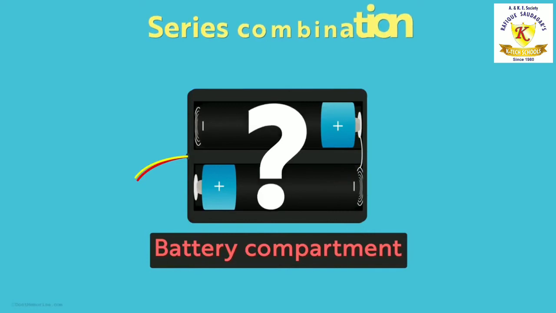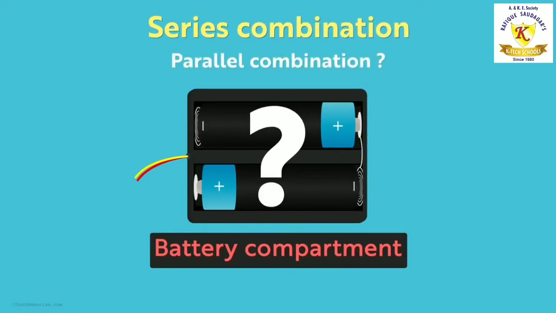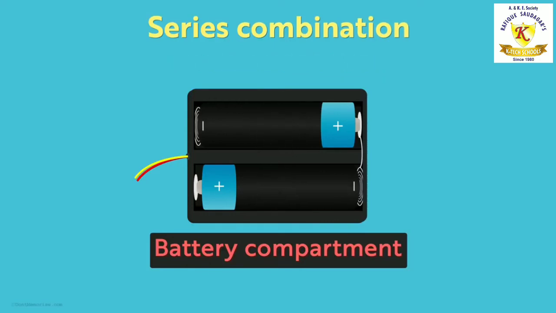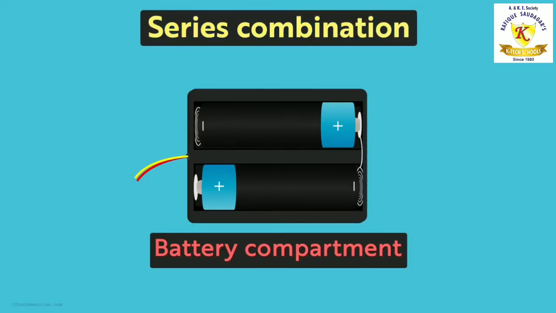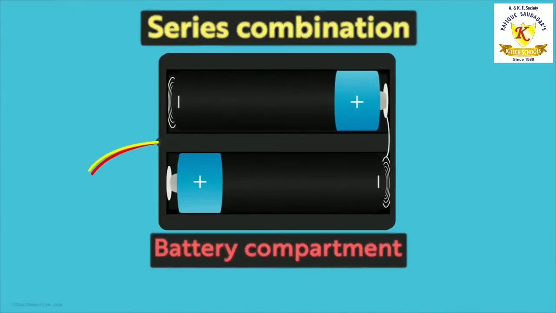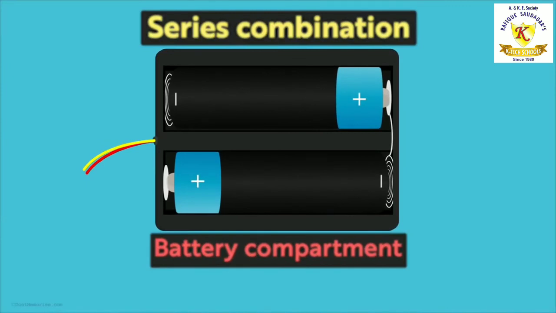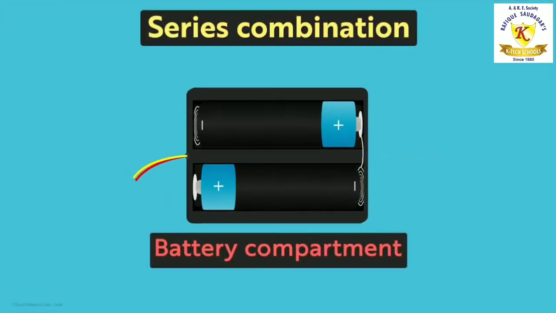But are the cells connected in a series combination here? Looks like a parallel combination, right? But no, they are in a series combination. If we look carefully, on one end inside an empty cell holder, we will find a thin metal wire or a metal rod connecting the positive terminal of one side with the negative terminal of the adjacent side.